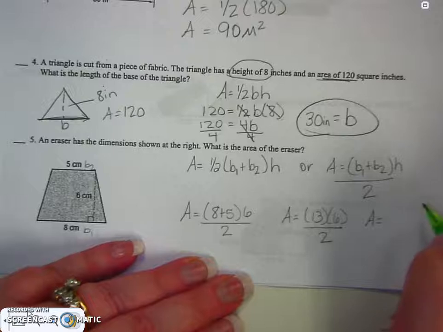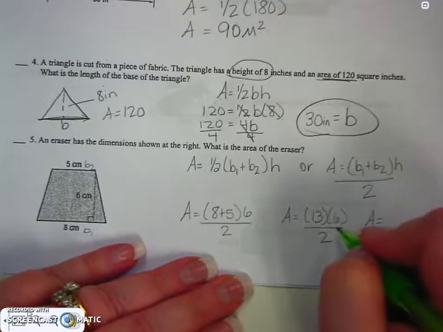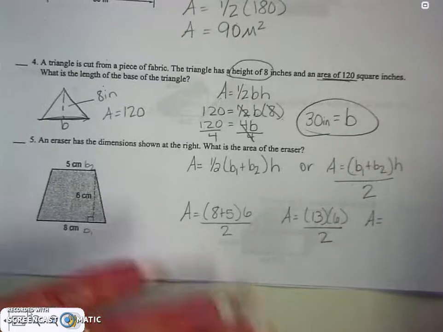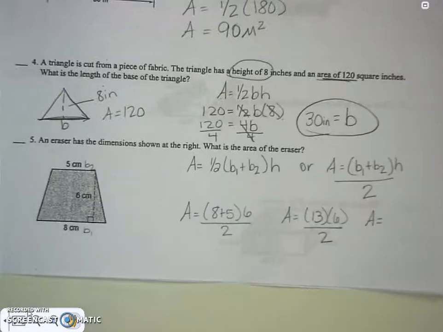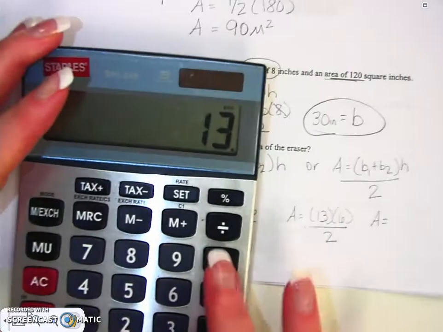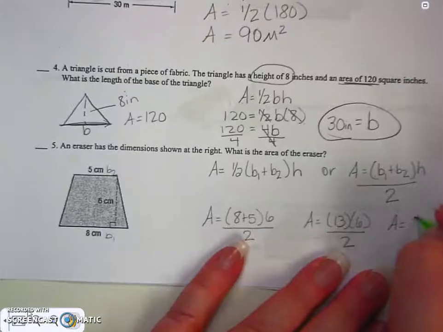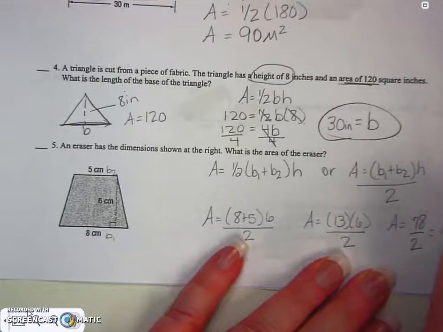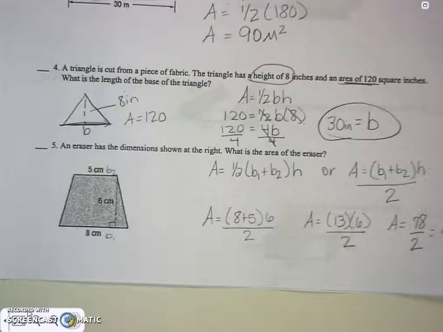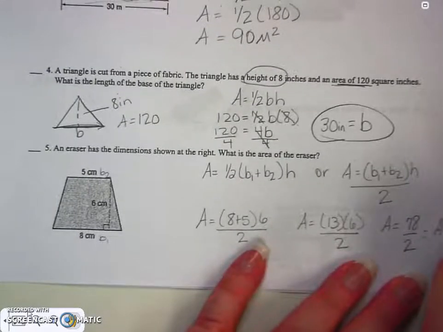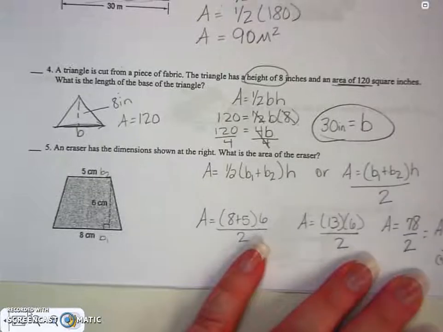Area equals 13 times 6. 13 times 6, 78. 78 divided by 2. So area equals 39. 39 centimeters squared.